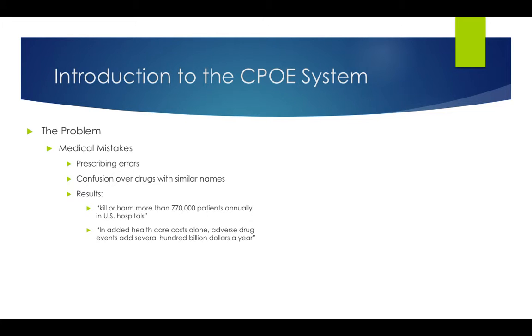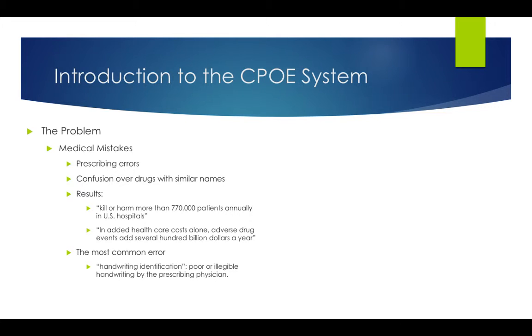And the unfortunate results are killing or harming more than 770,000 patients annually, and this is even within our own hospital here. In addition to harming the patients, we're also contributing to healthcare costs, and adverse drug events add several hundred billions of dollars a year to our mounting healthcare costs.